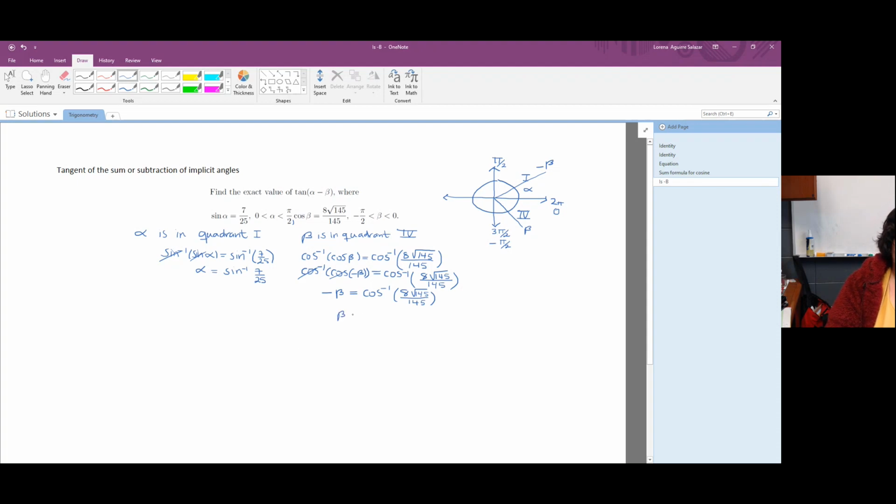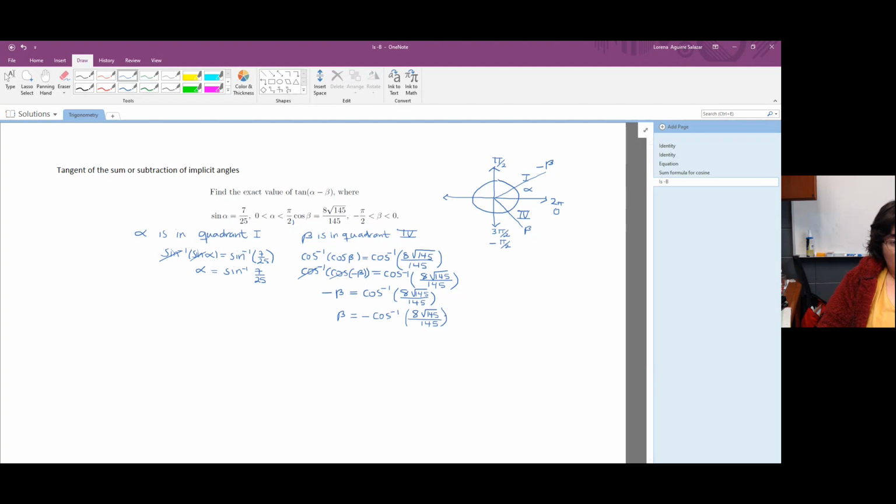So beta is negative inverse cosine of 8 root 145 divided by 145. Okay.